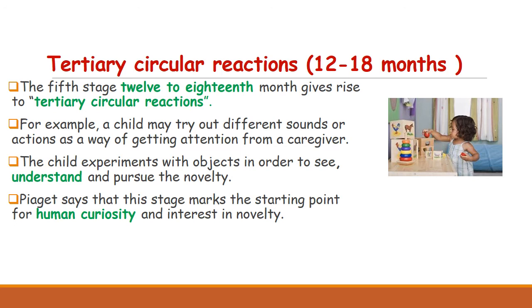The next stage is coordination of secondary schemas, which is 8 to 12 months. Infants are more likely to perform intelligent behavior. Now we can see that cognition is increasing successively, and the child now learns to perform intelligent behavior. For example, infants might manipulate a stick in order to bring a desired toy within reach. They might knock over one block to reach and play with another. So this is how the child shows intelligent behavior.